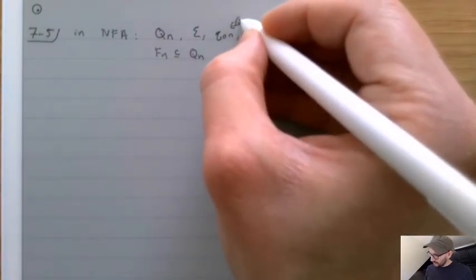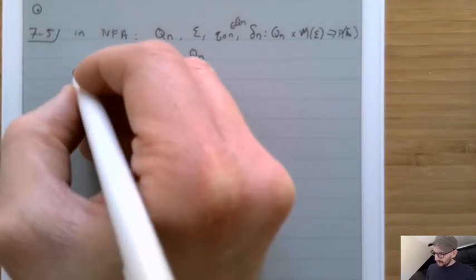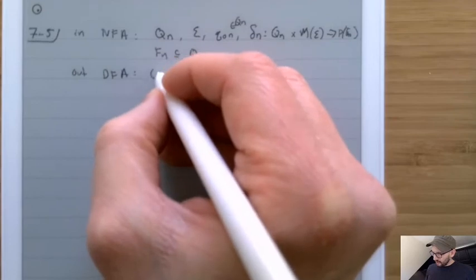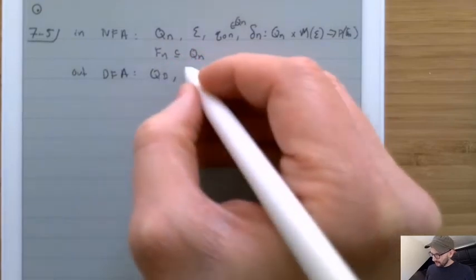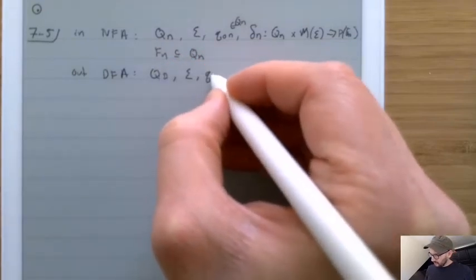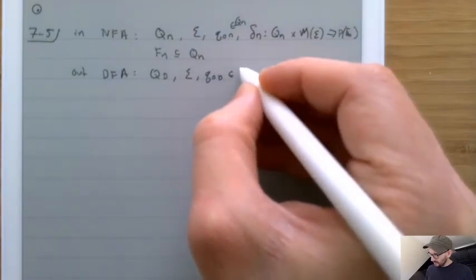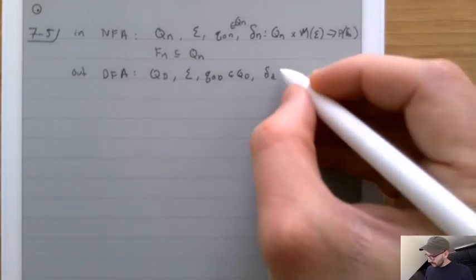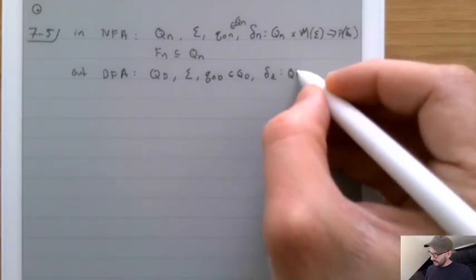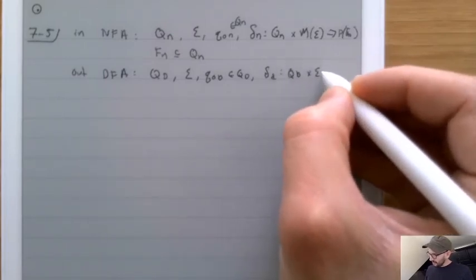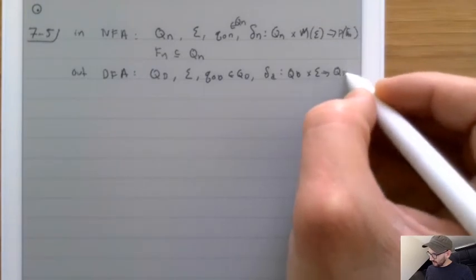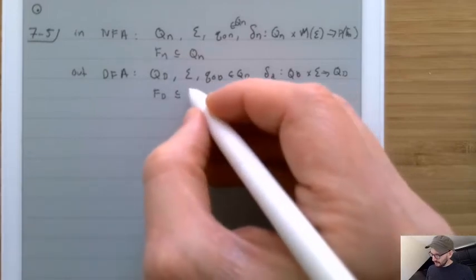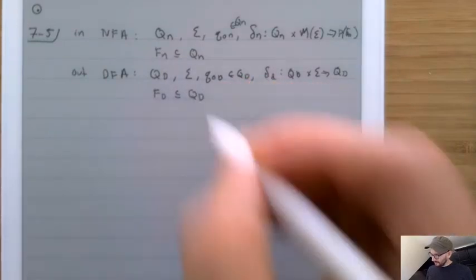This, of course, is a member of Qn. And then our output is a DFA, which is Qd, sigma, Q0d, which is a member of Qd, and then delta d, which takes a Qd cross sigma arrow Qd, and then Fd, which is a subset of Qd.